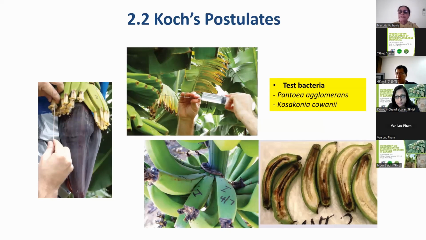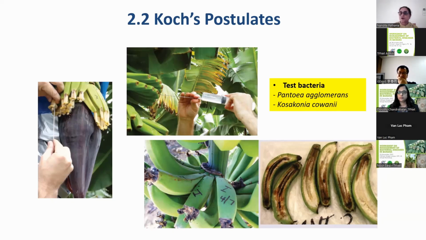Out of these bacteria, 2, Pantoea agglomerans and Kosakonia cowanii, were predominantly recovered from these symptomatic fingers. And we tried to prove Koch's postulates. You can see here the artificial inoculation in the field of green fingers: they showed straight fingers aligned out of the other fingers in a bunch, and produced similar internal symptoms to what we received in infected samples from the pack house.